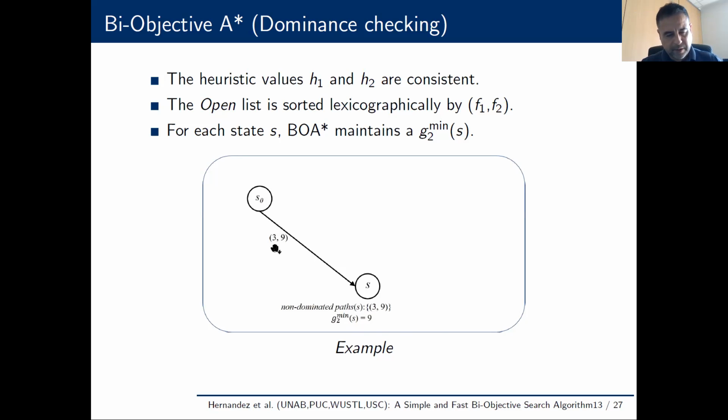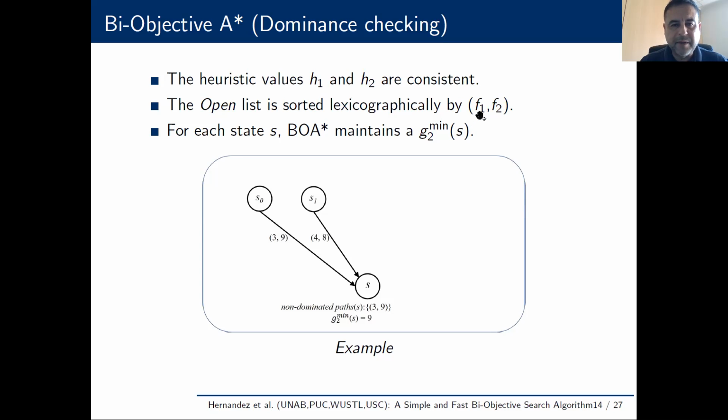The search reaches S through this value, and then a second path of value 4, 8 reaches S. Here, 4 is bigger than 3, and of course we use a consistent heuristic.